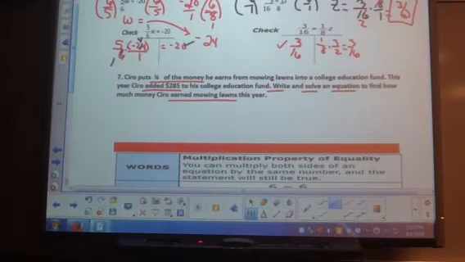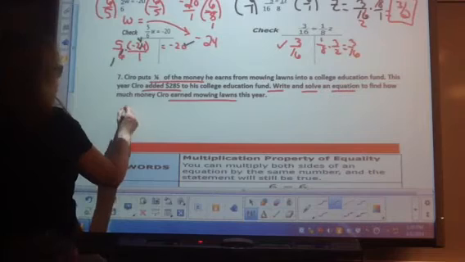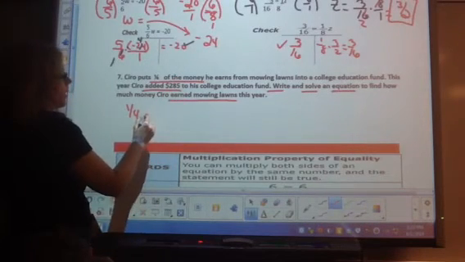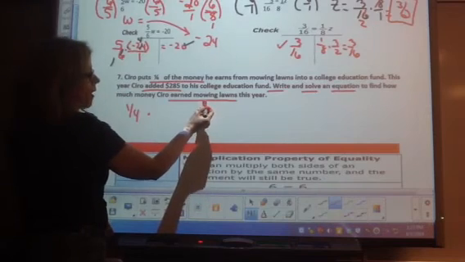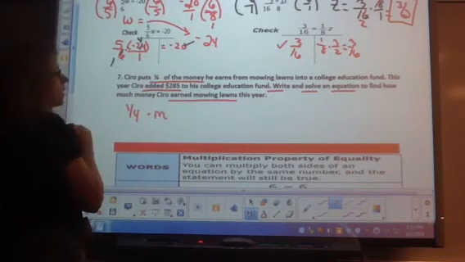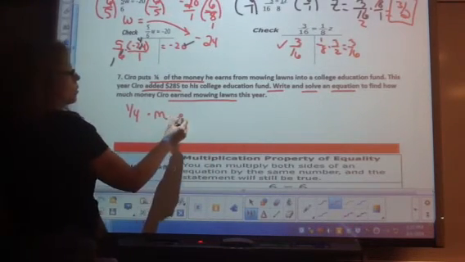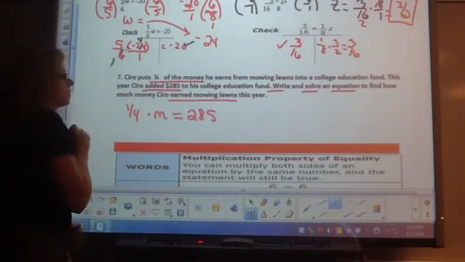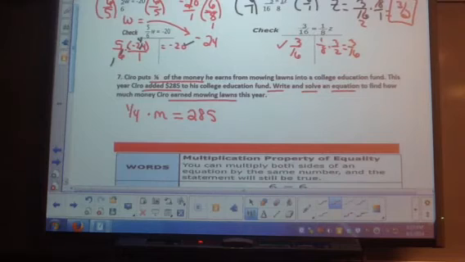All right, let's look at this. So, we have 1/4 of the money he earns mowing the lawns, which is what we're trying to solve for. So let's put M for the unknown, equals what he put in the account, or put in the fund, okay?